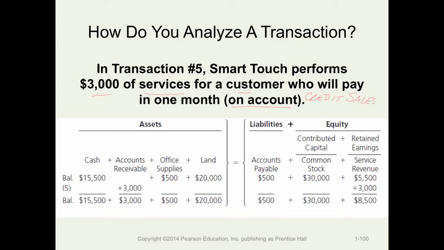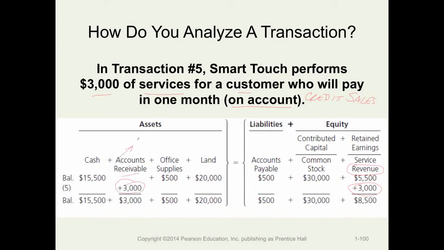But notice, equity goes up because revenue increases by $3,000. So we still have an increase in revenue, and we have an increase in assets. Again, the definition of a revenue is an increase in assets. It's an asset inflow from providing goods or services. In this case, the asset that is increased or the asset inflow is a receivable.